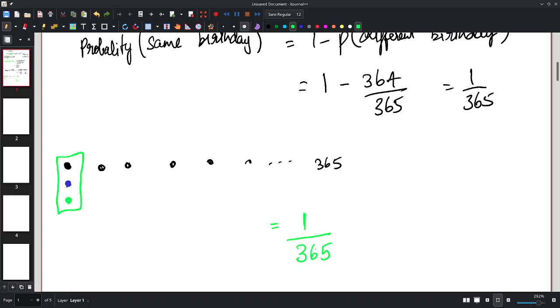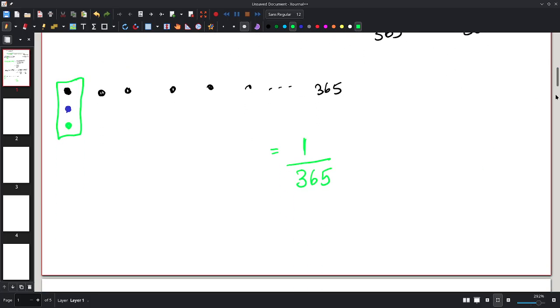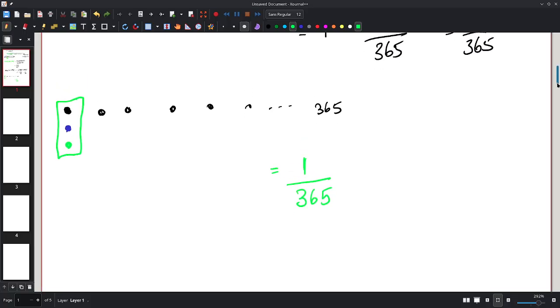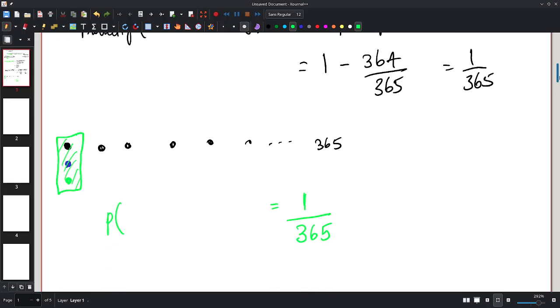So out of the total 365 cases, one case is happening, which is one day. Choosing one day is like choosing one day, so that the other person also chooses the same, and they end up in the same case. So this is the probability of persons ending up with the same birthday.